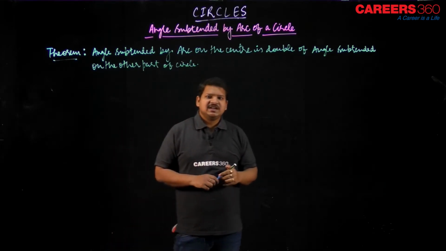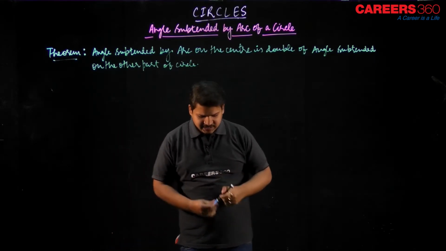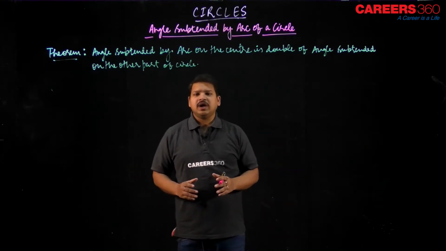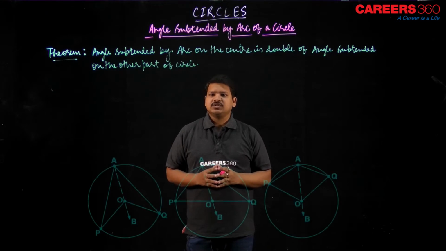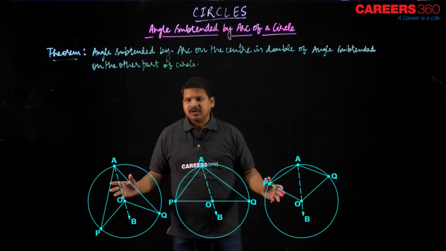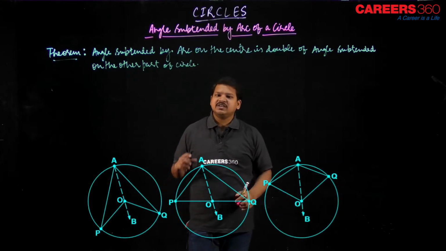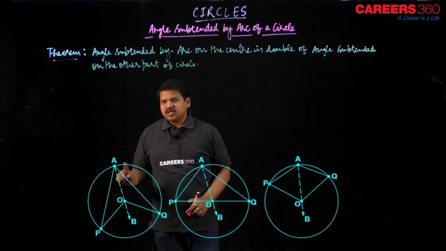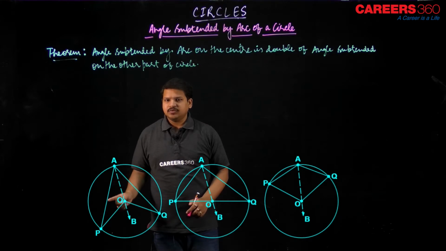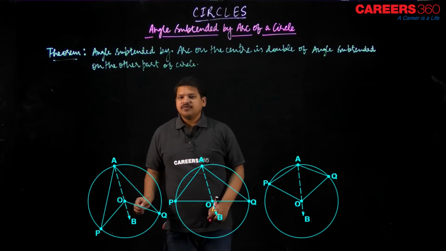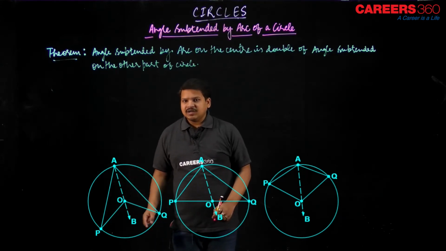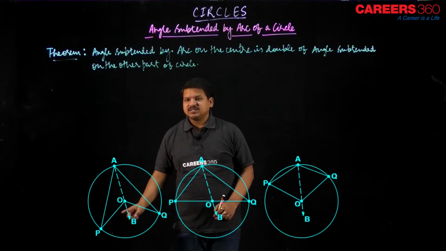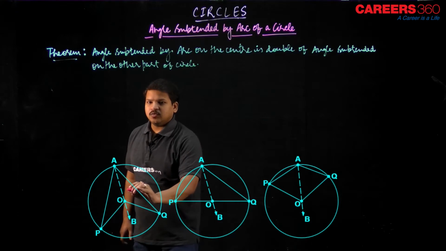Now let's understand what this means, and before proceeding let's have a look at various scenarios in which the arc and the various angles can occur. In scenario number 1, we have an arc PQ which is a minor arc, and it is subtending this angle right over here.